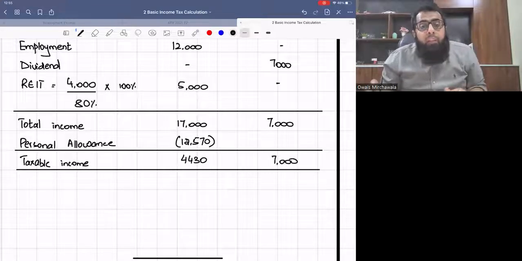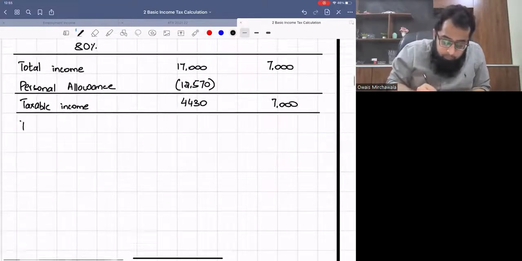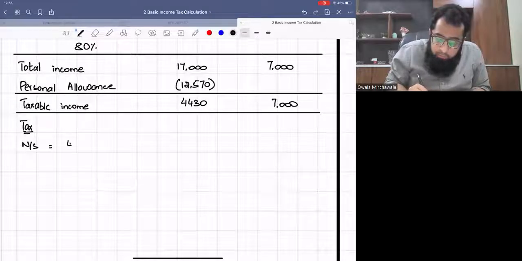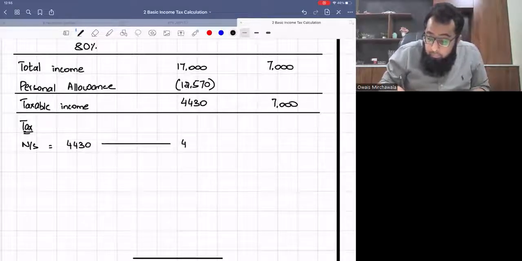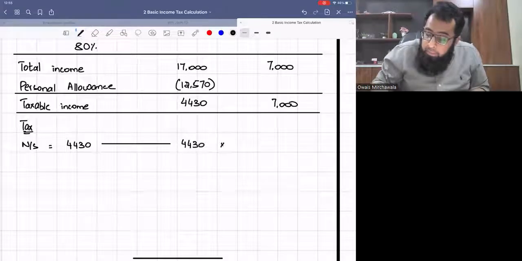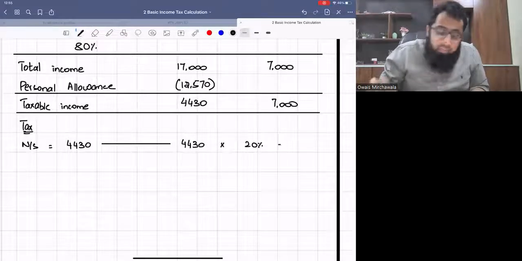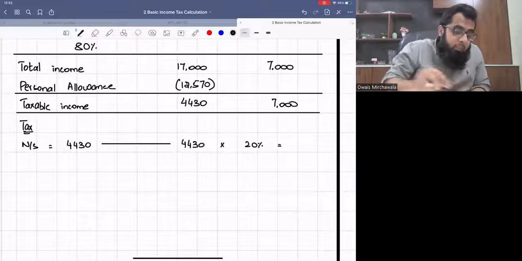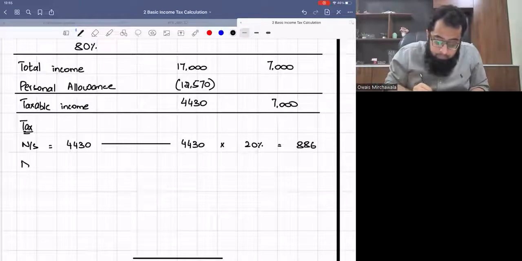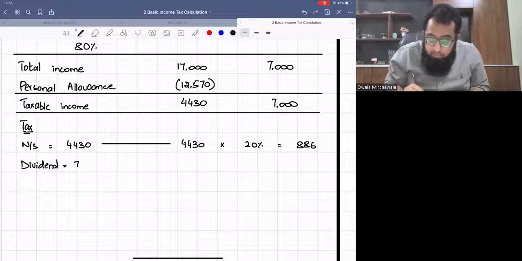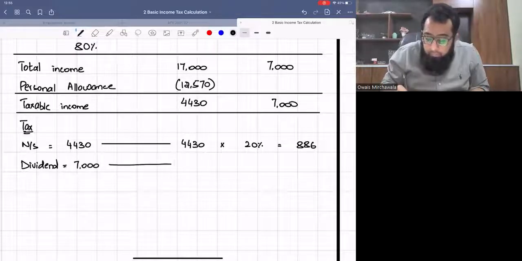Now we'll apply tax on it. Non-saving income, 4,430. Basic rate band, 20% tax. So it's 886. And then we have dividend income, 7,000.